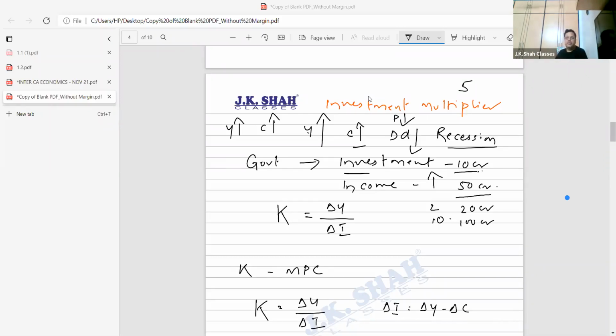Due to this, a seller may reduce prices and the manufacturer may cut down the production.